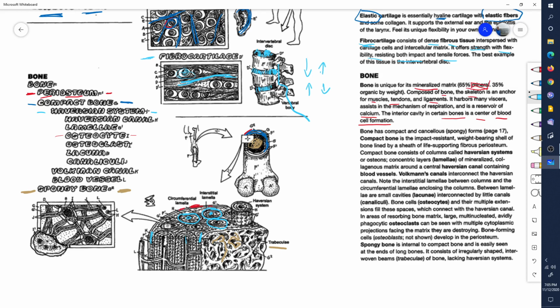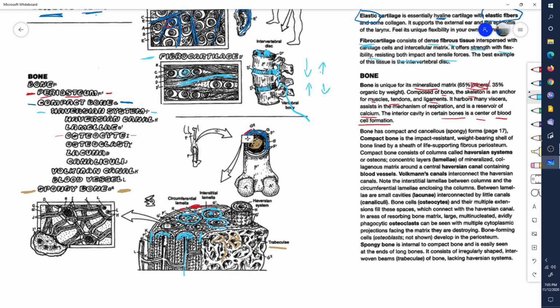And here it is running downward. Here's the Haversian canal with these concentric layers going outward, creating the Haversian system. These layers are called lamellae.